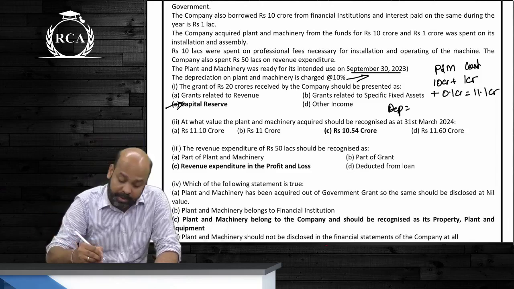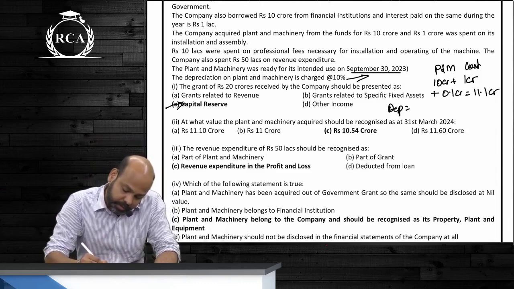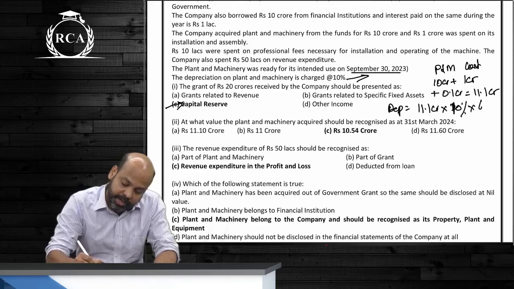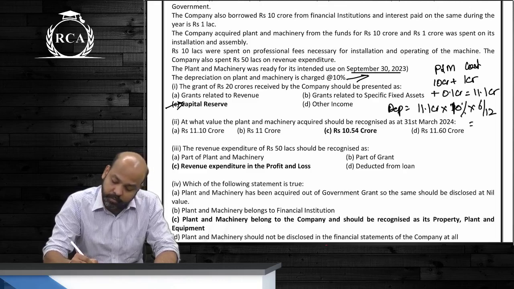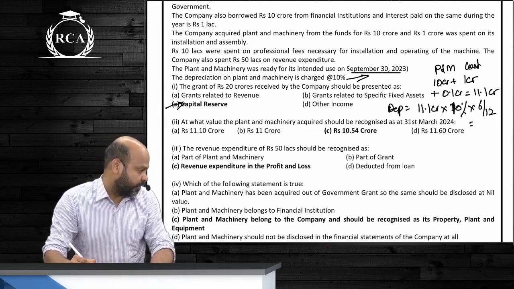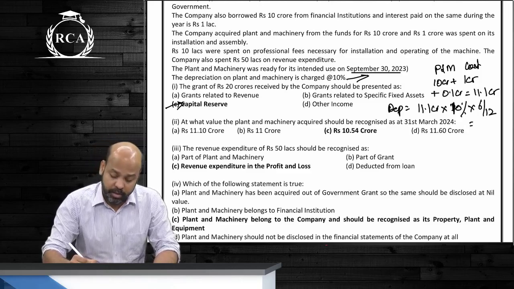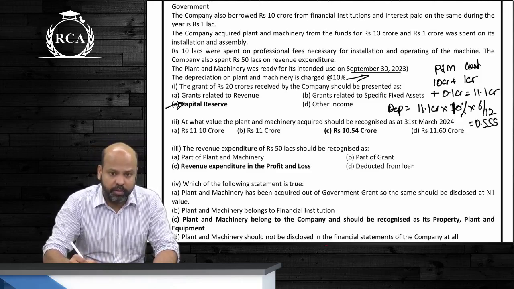All right. Depreciation. When was the asset ready for use? 30th September. That means you should charge depreciation for 6 months: 11.1 crores into 10% into 6 by 12, which is 0.555 crores.